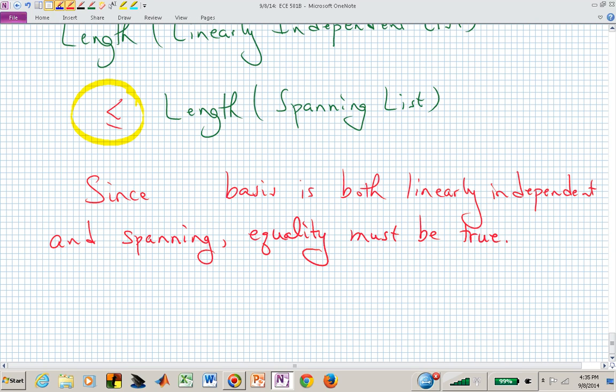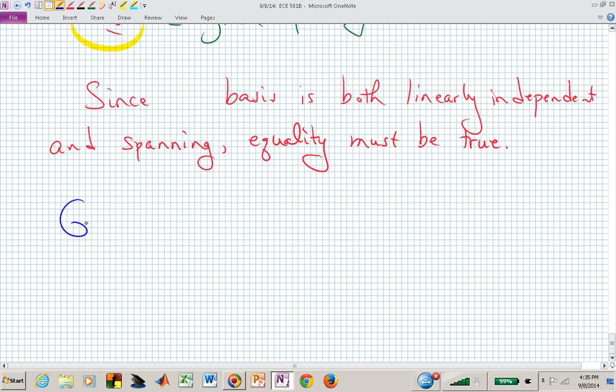The other thing that maybe is nice or not nice, depending on your mood, is that generally, what can we say about a basis? Is it unique or not?